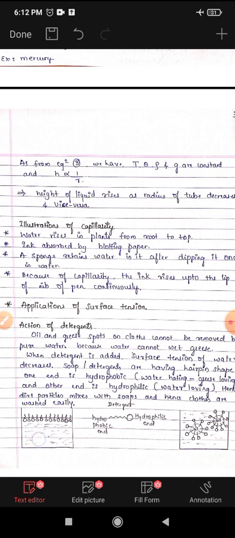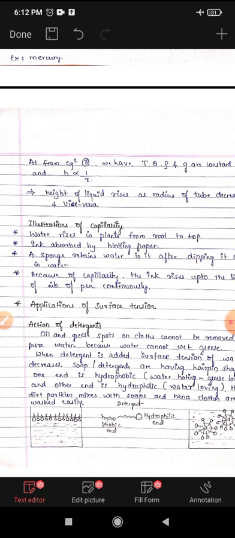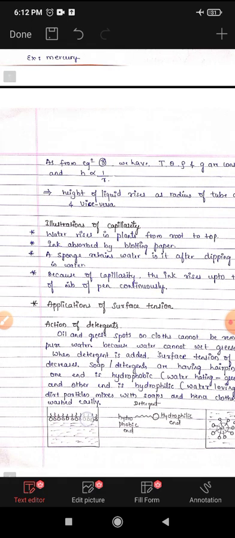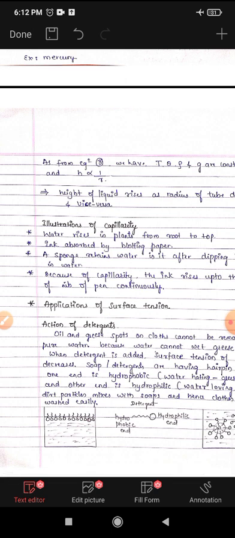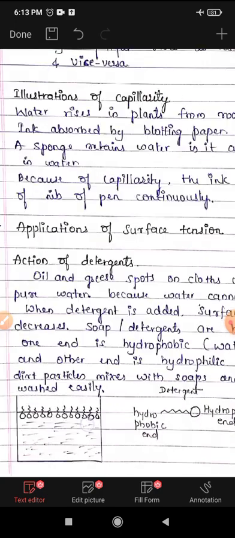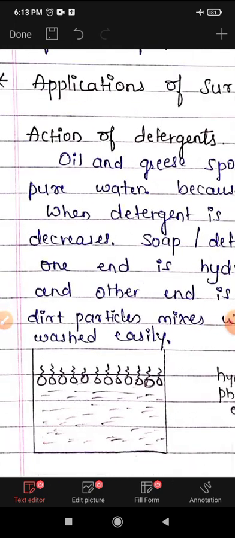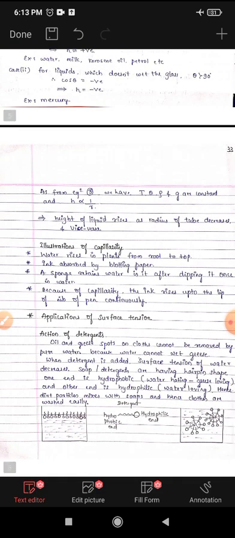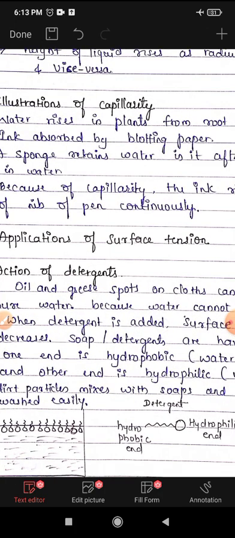So see this, when we add soap molecules, consider water here, and we have added some soaps or detergents. The round shape is the hydrophilic end of the soap molecules or detergents, which are attracted by the water, and they are in this manner.